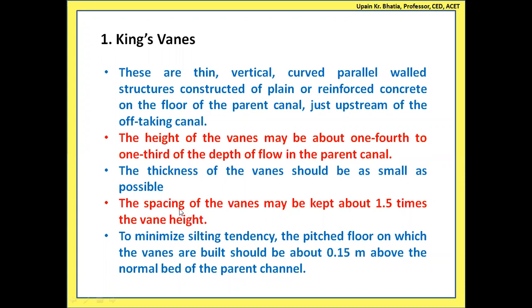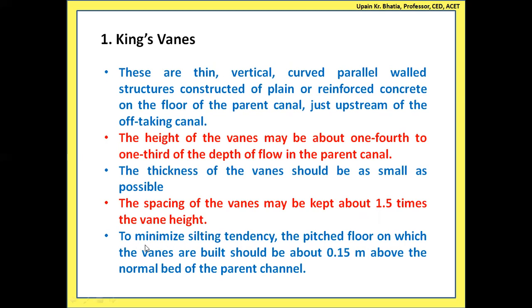Here the spacing means the clear spacing. If the vanes are very thin, the clear spacing and the center to center effective spacing are considered one and the same thing. If you consider the center to center spacing or the clear spacing between them, it does not vary much, so it is of the order of 1.5 times the vane height.